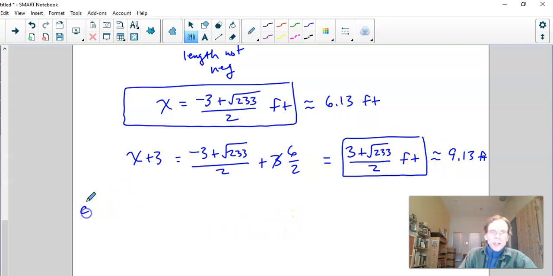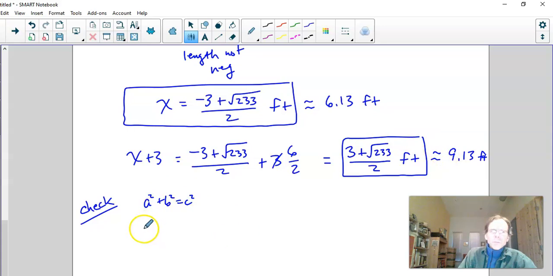And we would like to check our answer. And we would use the a squared plus b squared equals c squared from before. But these quantities, and squaring those is going to be messy. So let's use the approximations and see if we're super close.